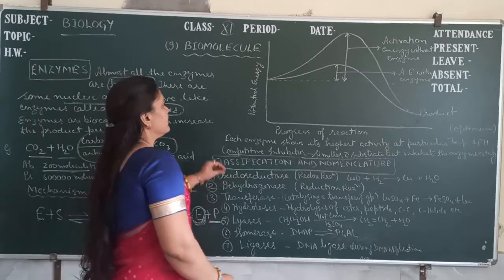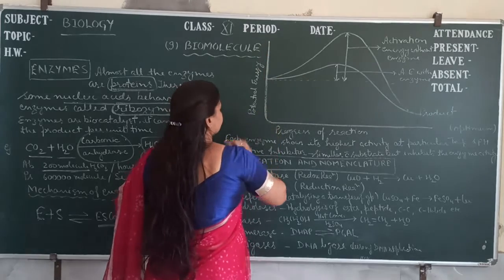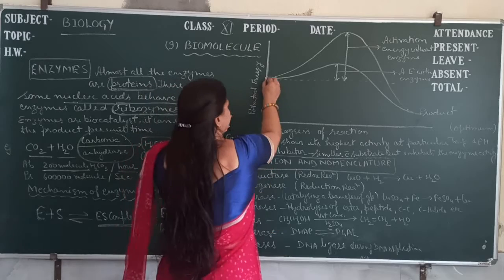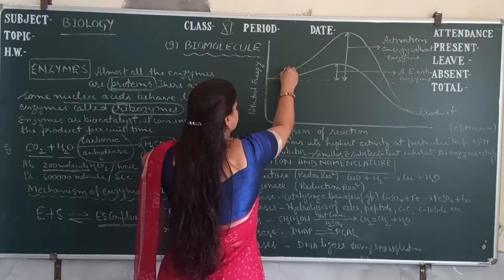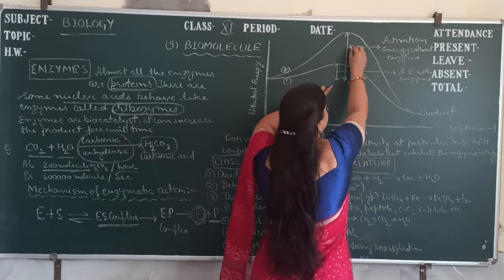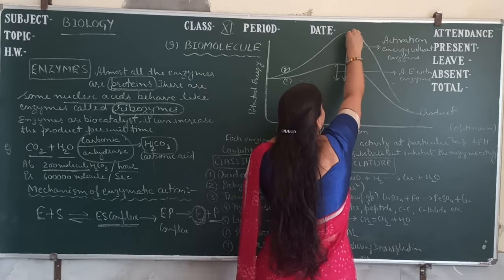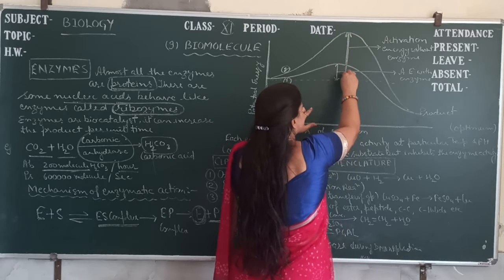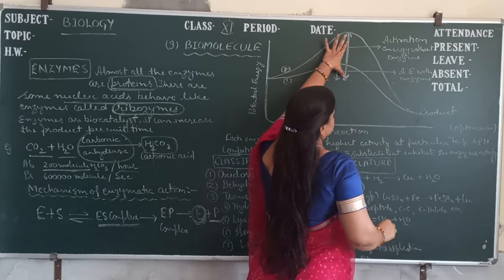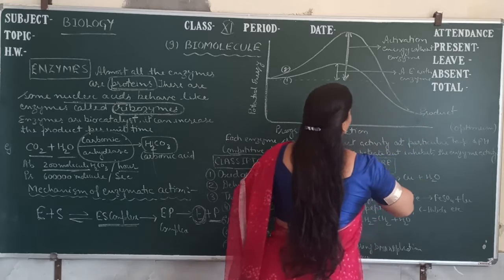Now this is the graph between the potential energy and the progress of reaction. You can see this is the first and this is the second. In the second, you can see the activation energy without the presence of enzyme is very large, and then it converts into the product.